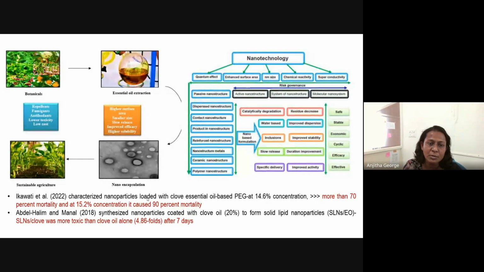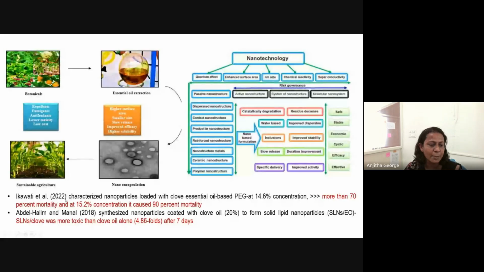So you have to come out with a refined technology, where we can use nanotechnology. Whatever oil you find promising, either the oil as such, or the components having insecticidal property, you can formulate into a nano-encapsulated form, or a nano-based spray formulation. Whatever suitable method you can use, and then come out with a product for the management of storage pests.